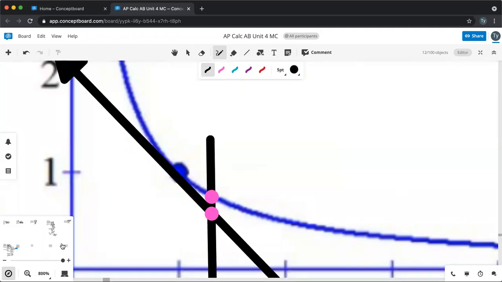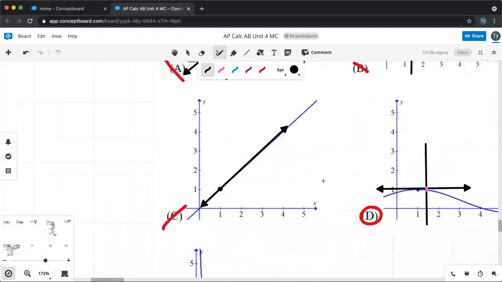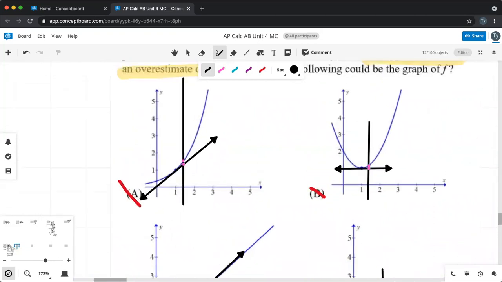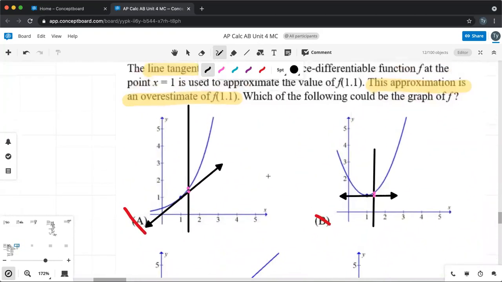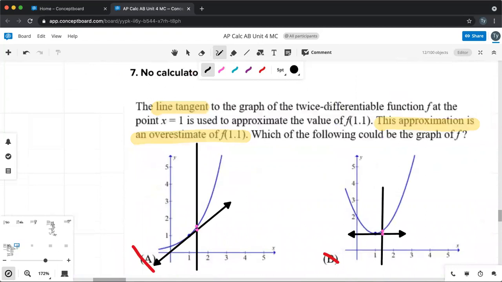Now, what if you don't want to do this? What if you want to do this really quickly? Well, the reason that all this happens is because of this bit here, that these are twice differentiable functions. Okay, twice differentiable, we're looking at concavity, right? Opening upwards, opening downwards, concave up, concave down, that kind of thing.